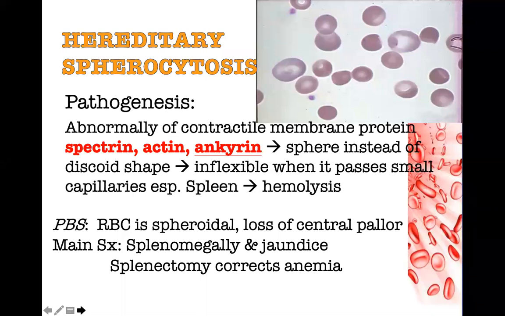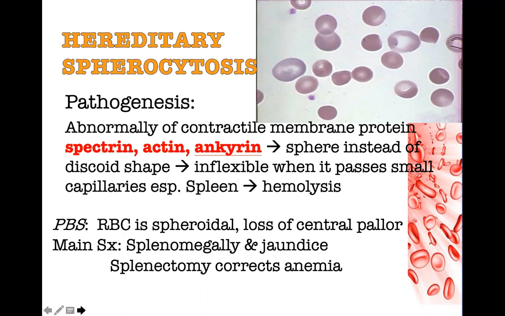What happens here is instead of the red cell possessing what we call a discoid shape, it changes in shape and becomes inflexible when it passes through small capillaries, especially the spleen. This inability of the red cell to change its shape may lead to hemolysis.